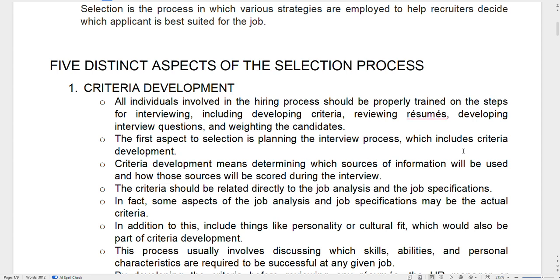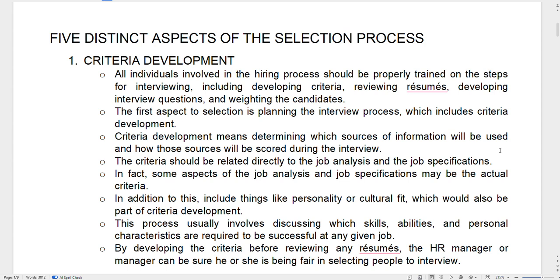Or, the cultural fit. So this process usually involves discussing which skills, abilities, and personal characteristics are required to be successful at any given job. Now, simply we have to discuss this. What are the skills needed for this one? One says this, another says that. So let's collaborate.